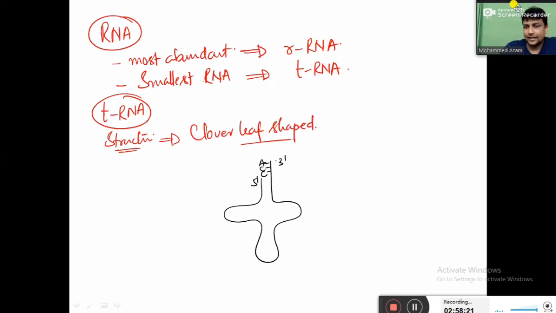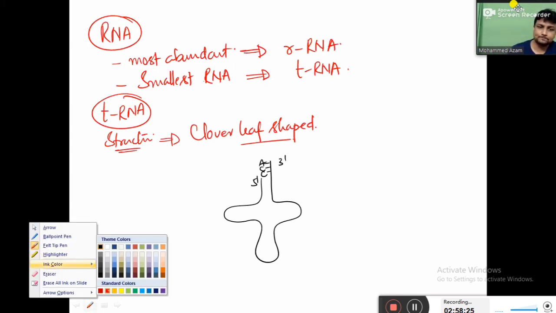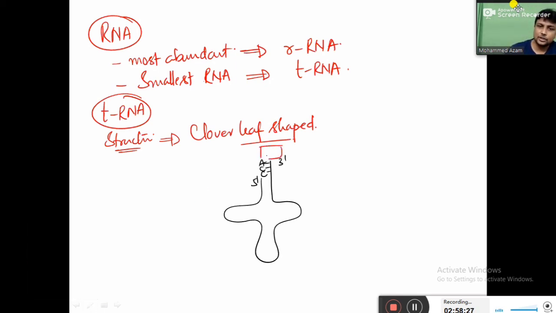That is question number 1. Question number 2: at the 3' end, an amino acid is going to attach. Because it accepts the amino acid at the 3' end, that arm is known as the acceptor arm.